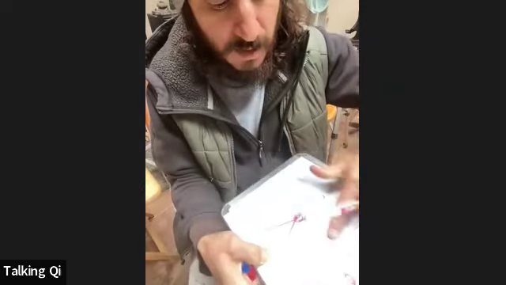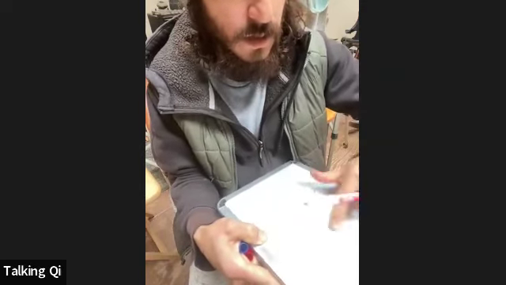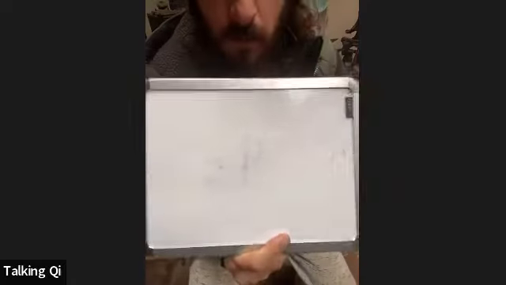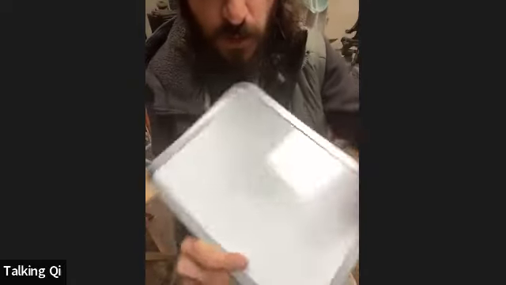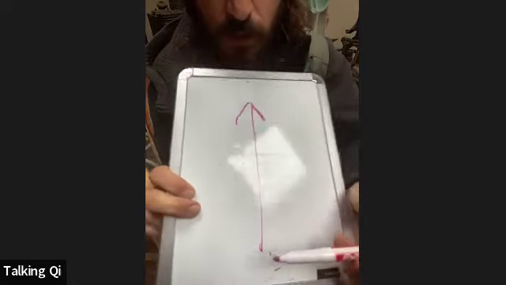So we've discussed Taiji walking, and when we look at Taiji walking, say we're going somewhere, we're slowly moving the legs.